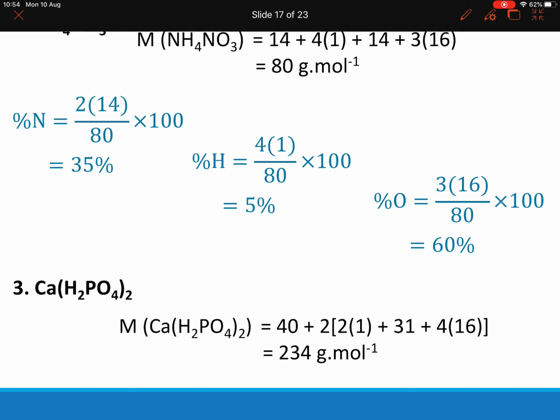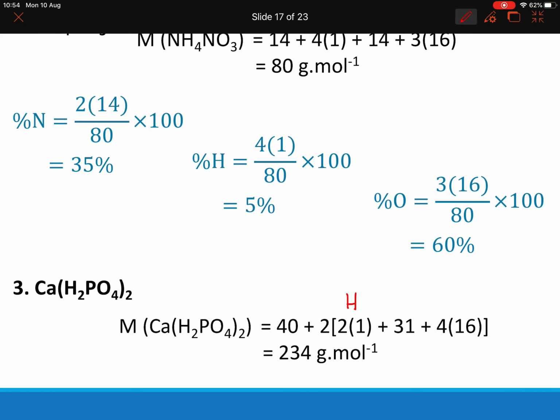Let's just do this so that you can see what I'm doing. This is where the hydrogen was, that's the phosphorus, that's the oxygen. And there were 2 of these, and there were 2 hydrogens. It's H2, 1 phosphorus, and 4 oxygens. This one's a little more difficult just because of having to work out how many of everything we have.